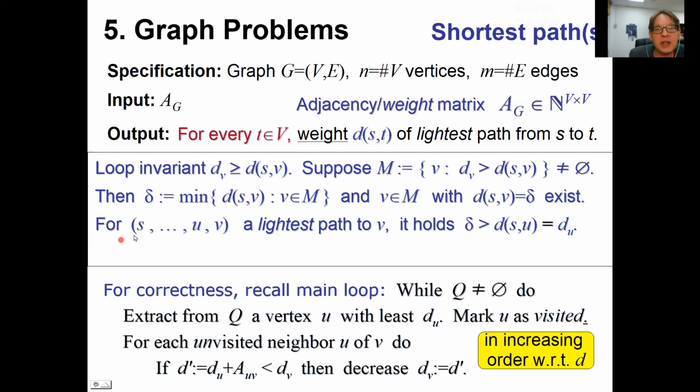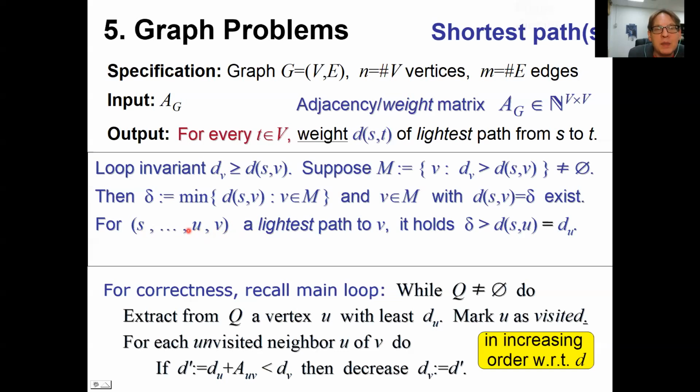And in particular, that holds for the subpath, the segment from S to U, right? Remember, we talked about this important property of shortest paths, that subsegments of shortest paths are again shortest paths. So if we take the shortest or lightest path from S to U, V, and consider the initial segment from S to U only, that is a shortest path.